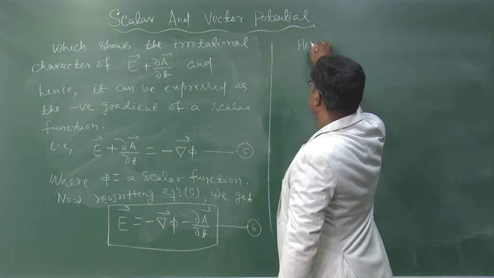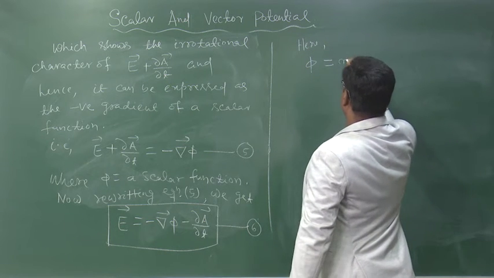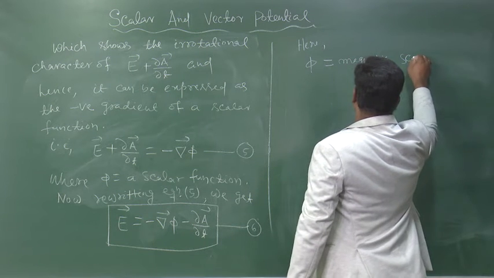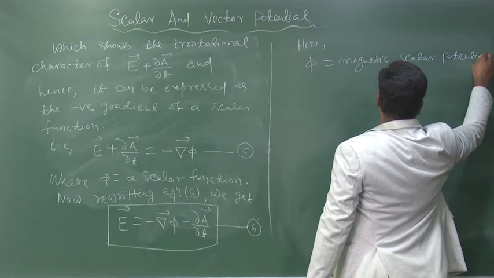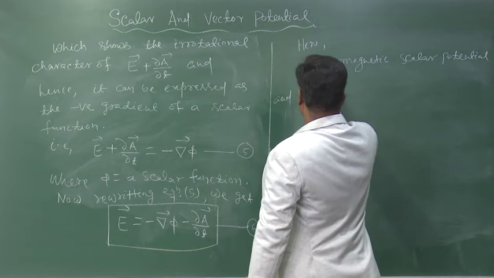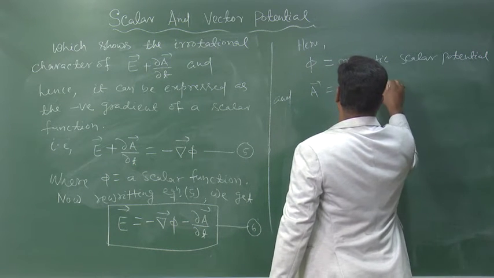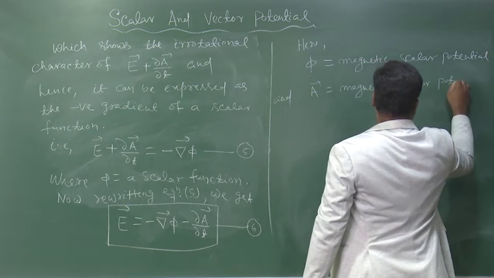Here phi is the magnetic scalar potential and A vector is the magnetic vector potential.